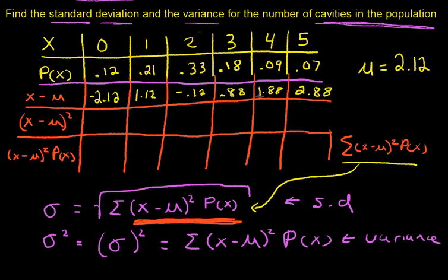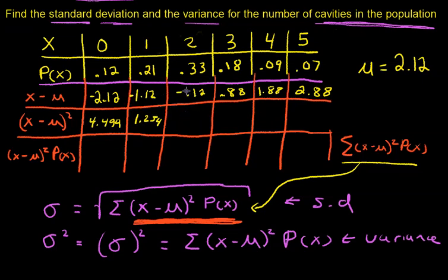And then 5 minus 2.12 will be 2.88. Okay, so now let's square the previous row. The square of negative 2.12 is 4.494. The square of 1.12 is 1.254. When you square negative 0.12, the negative sign goes away. Actually, this one should have had a negative sign, but it doesn't matter because the sign goes away when you square it anyway.